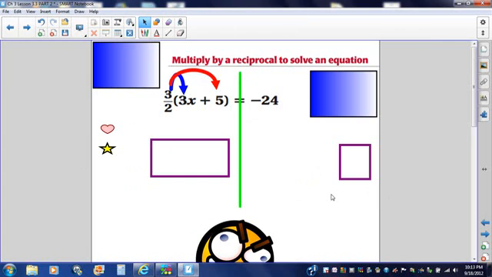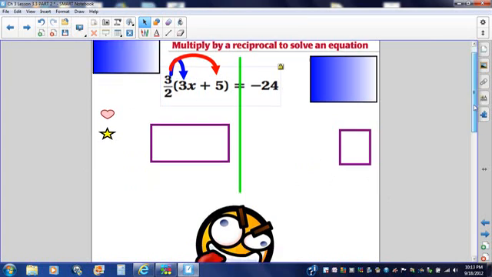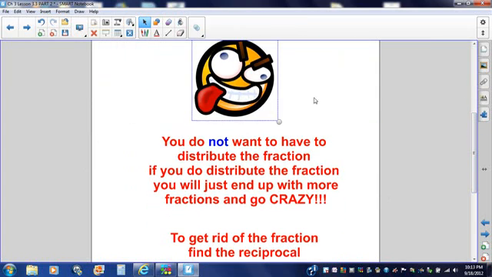Now, most of us are going to say the fraction 3/2 is touching the parentheses, so let's do the distributive property. I gotta be honest with you. Since we're dealing with a fraction, you probably do not want to have to do the distributive property.